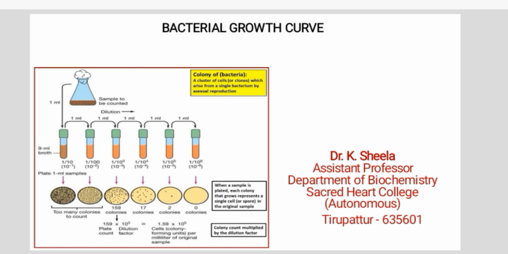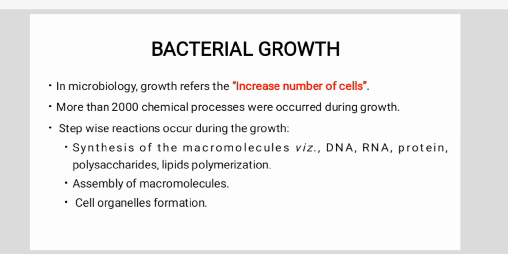Then 1 ml of this solution is transferred to another tube and diluted again. The initial tubes contain a high level of bacteria, so each subsequent dilution tube contains a smaller amount, and the bacterial growth can be counted easily. So first, we'll start with the bacterial growth curve.